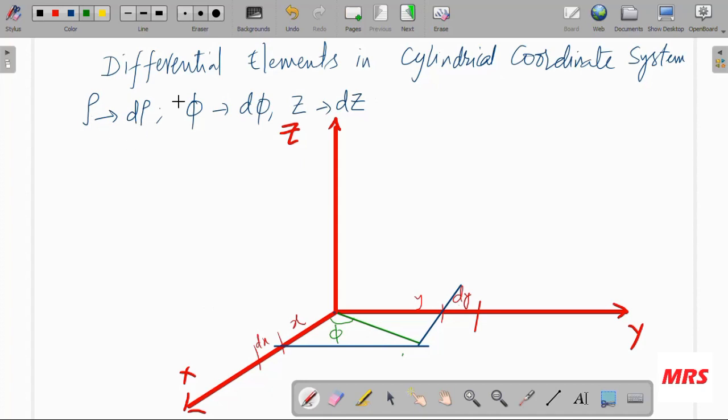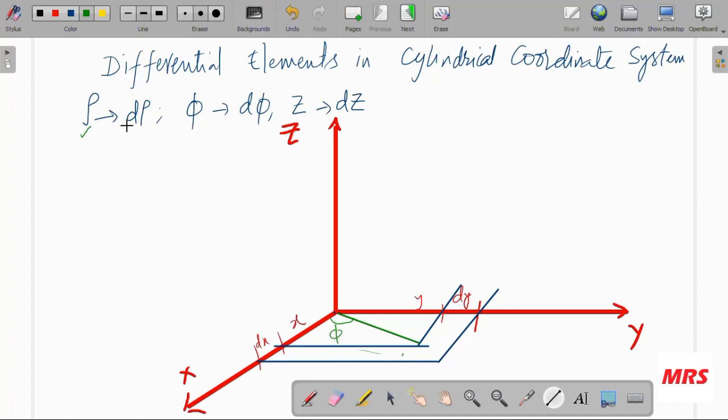As we are dealing with differential elements, here rho is incremented with d rho. So d rho is formed due to the resultant of x plus dx and y plus dy. By constructing a parallelogram, we are going to get d rho.